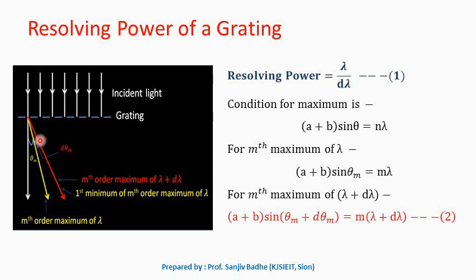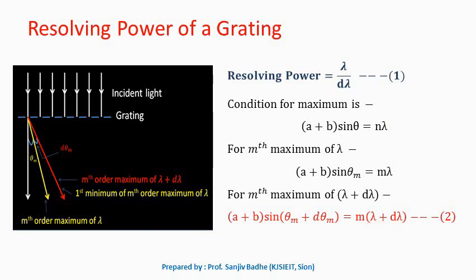Now, for mth order maximum of lambda plus d lambda, we can write a plus b sin theta m plus d theta m. So, this theta is replaced by theta m plus d theta m, because mth order maximum of lambda plus d lambda is obtained at an angle theta m plus d theta m, and n is replaced by m and lambda is replaced by lambda plus d lambda.